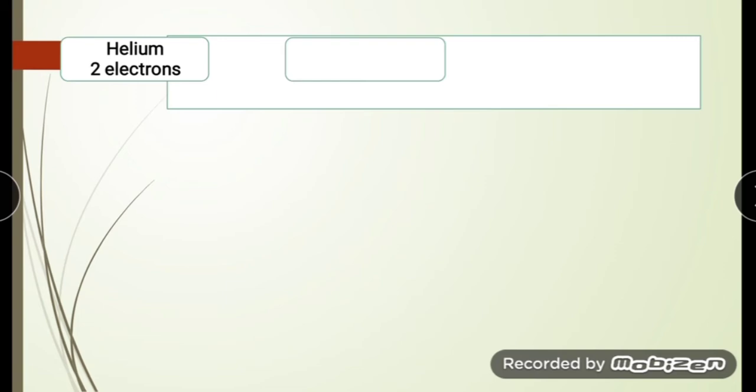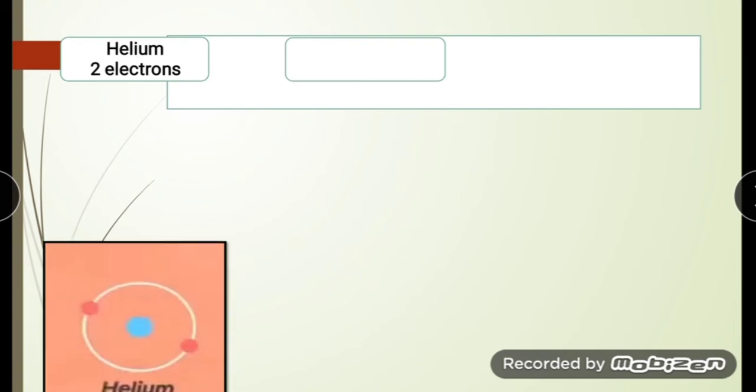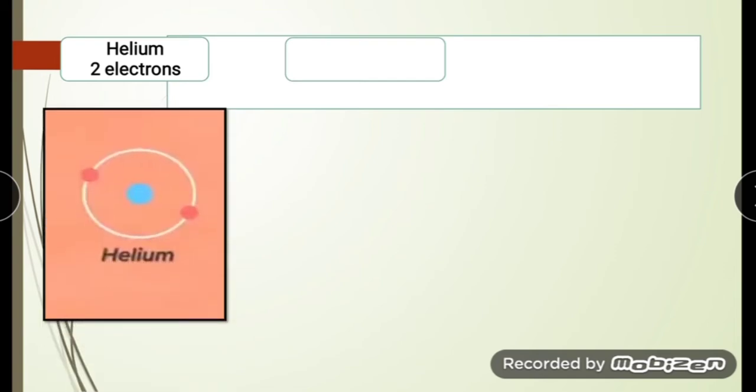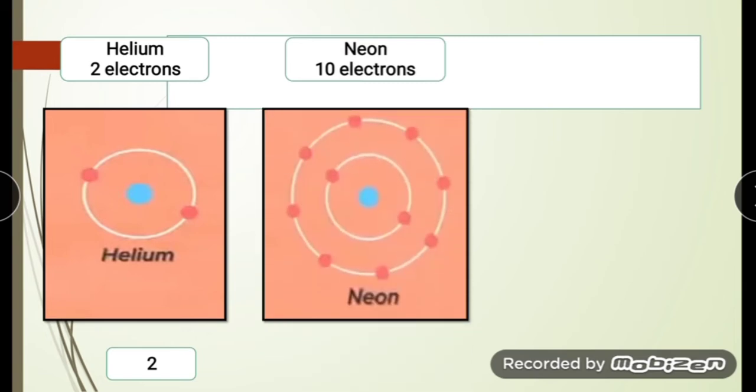Here we have taken the helium atom. The helium atom has only 2 electrons. So we can say the electronic configuration of the helium atom is 2. The next one we have taken is the neon atom. It has 10 electrons and the electronic configuration of the neon atom is 2, 8.